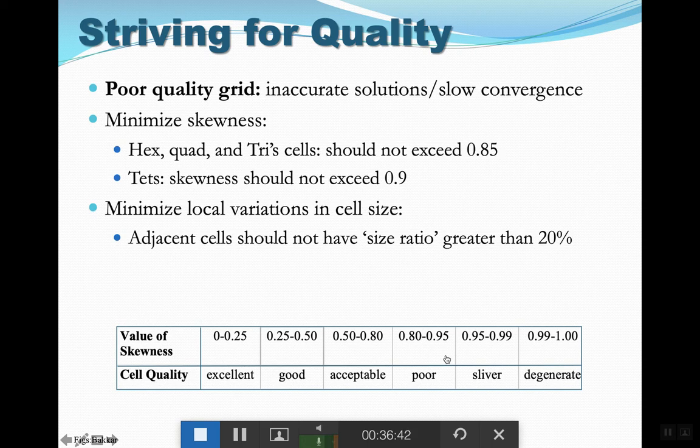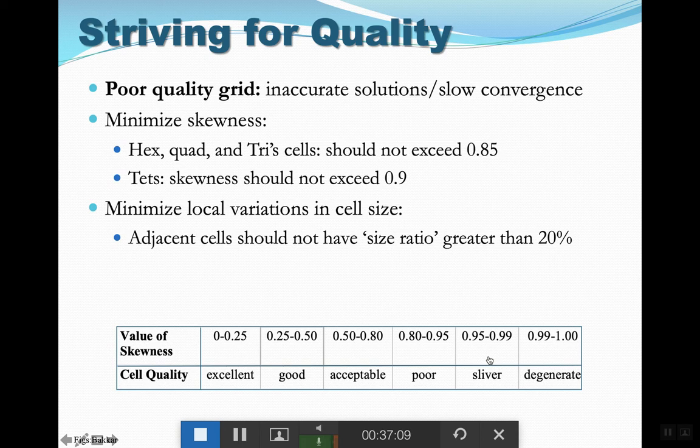And the point is, guys, usually when you analyze this skewness or aspect ratio on your system, you will probably end up having a different number of cells in each category. Of course, not degenerate or sliver. The point is, you can't make every single cell excellent, and not every single cell of your mesh would be poor. The point is the majority of the cells.